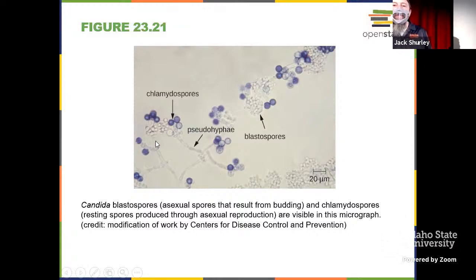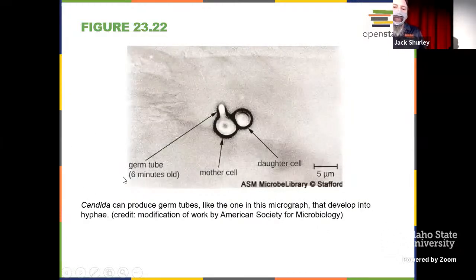So oftentimes, here's this formation, this little germ tube, and we might say it looks microscopically as if it is hyphae, but it's not developing into hyphae. Pseudohyphae is really what we should be saying here. It's not true hyphae.